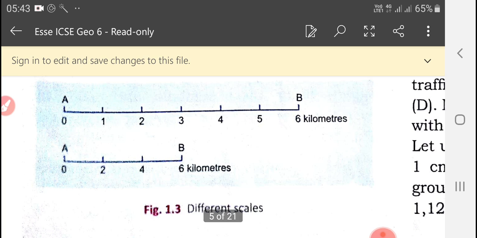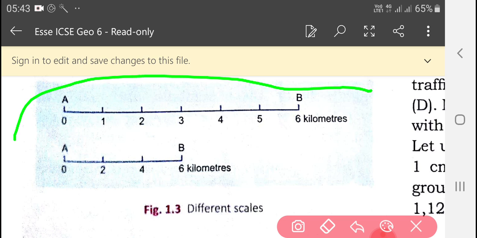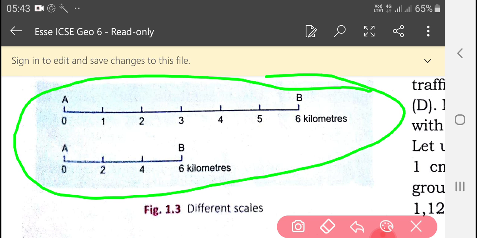This is figure number 1.3. Everyone, listen to both figures. What is it? Different scale. Both are showing the same ground distance.